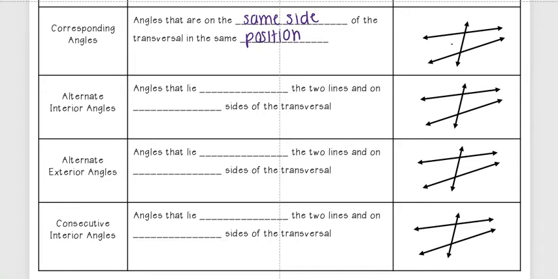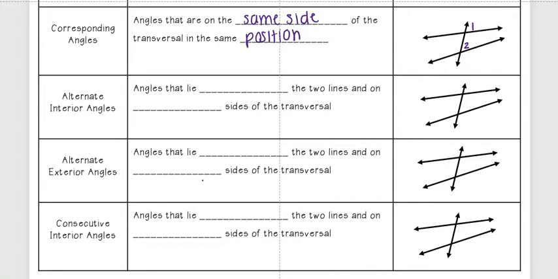So for example, in this picture, this angle right here, let's call it 1, is on the right hand side of the transversal, so the corresponding angle down here to angle 1 would be on the right hand side and then in the same position. This one is above this line here, and so the corresponding angle would also be above that line.